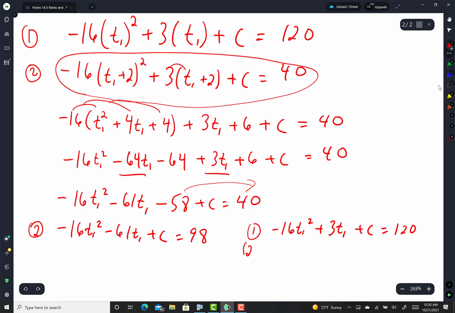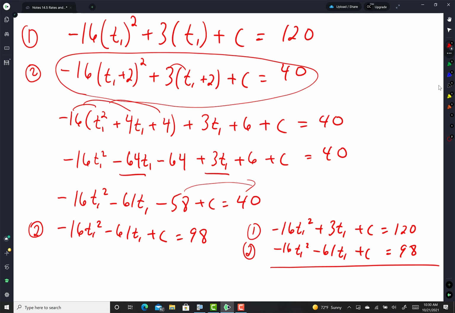And I'm going to take equation 2, negative 16 T1 squared minus 61 T1 plus C equals 98. And I know that those C values are the same. And I'll wait for you guys to catch up. I'm putting parentheses.